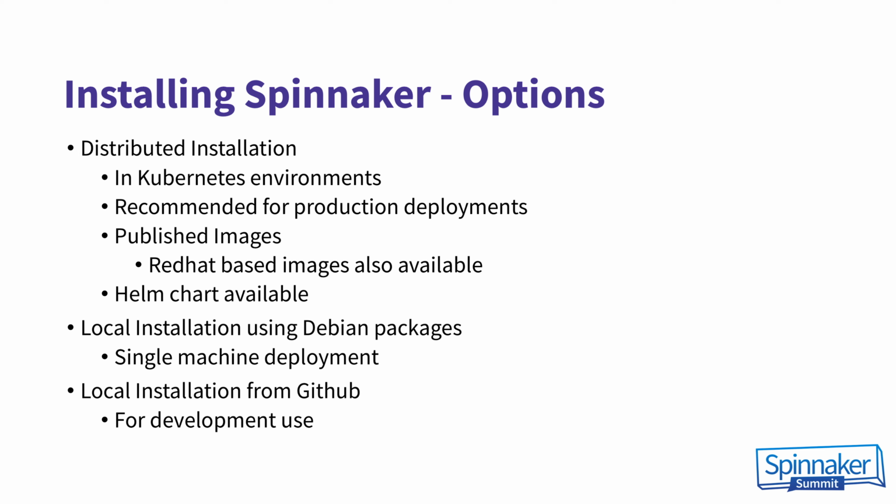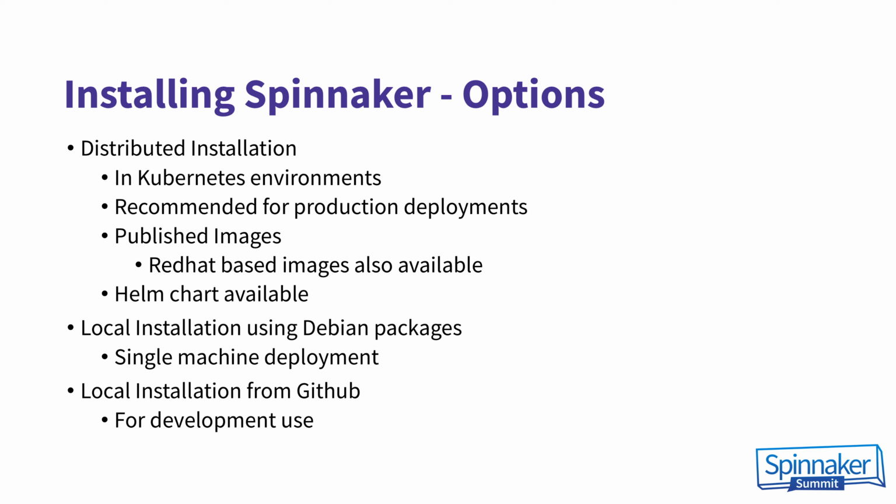If you see the second bullet there, there are Debian packages available, and you can use them to deploy in single machines. I know people have done it on multiple machines. It's not fun or easy, but you can do it. But the easiest way to really manage a production deployment is in Kubernetes.